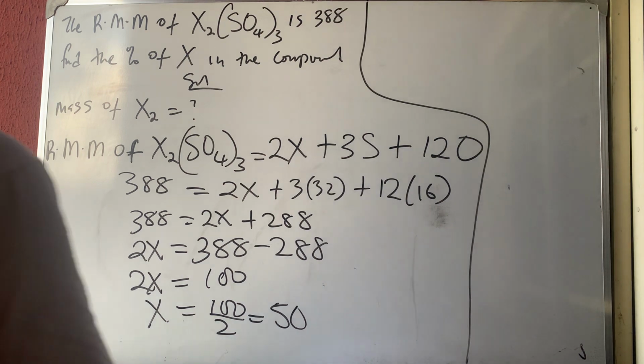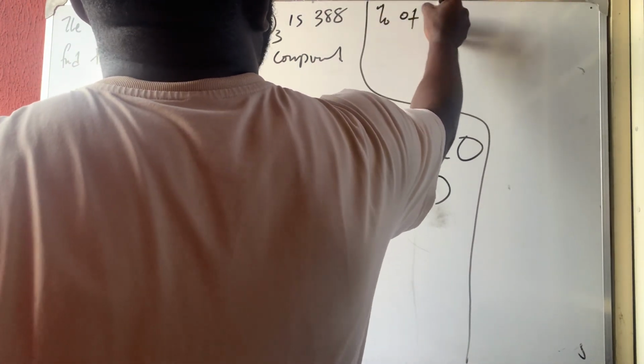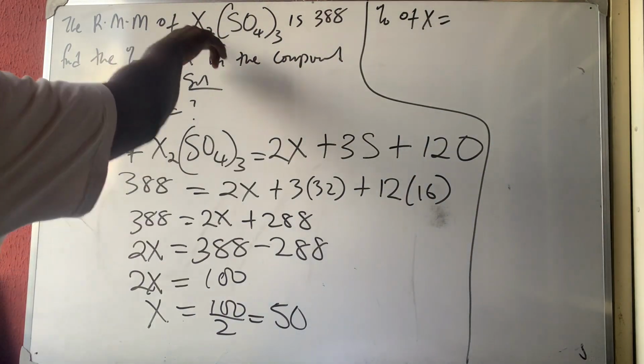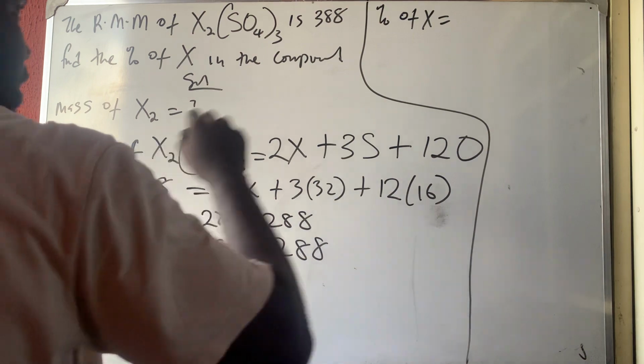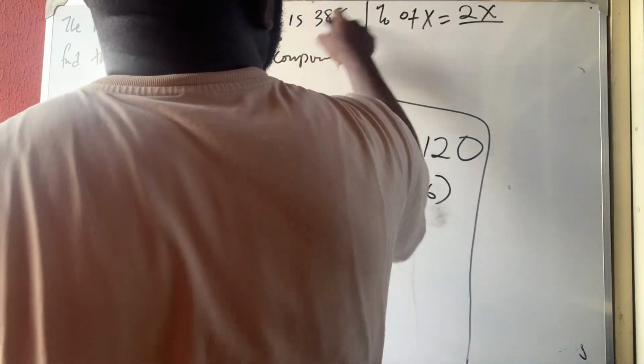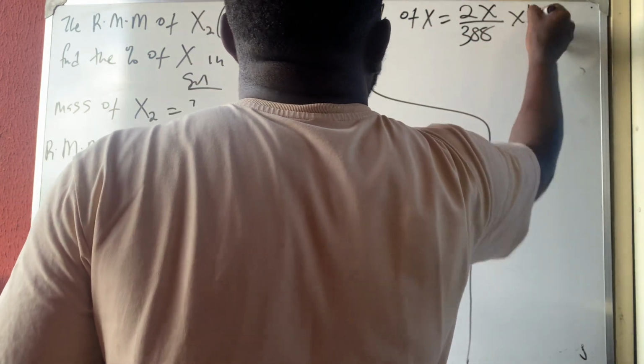Okay, so now the percentage of X is simply the mass of X. You know that X is 2 there, so it's 100. So 2 of X all over the total, which they gave us as 388, then times 100 over 1.